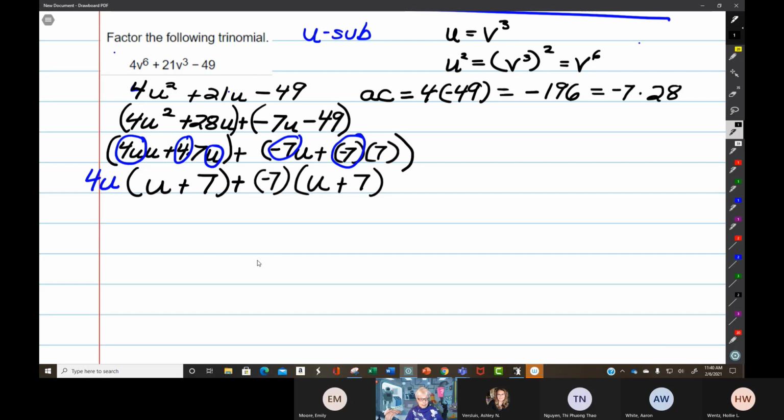Now, u plus 7 is the GCF for the entire expression, and the leftovers are 4u plus negative 7, which is minus 7.